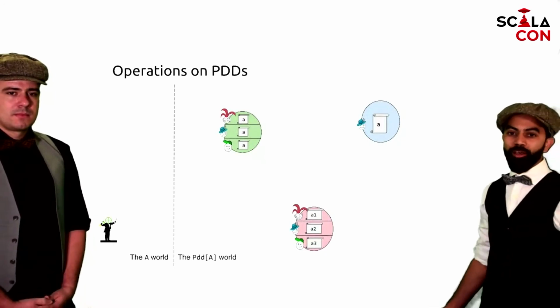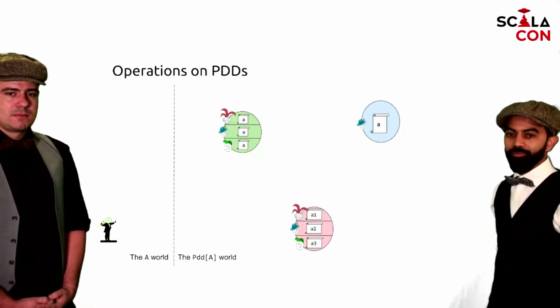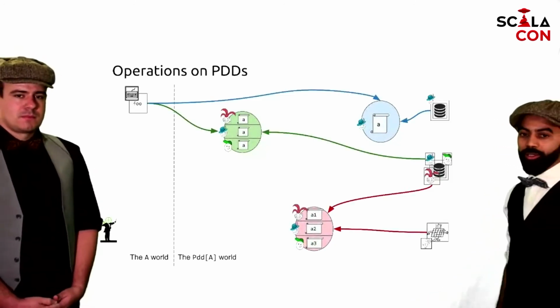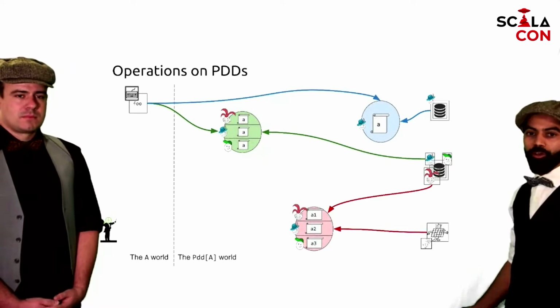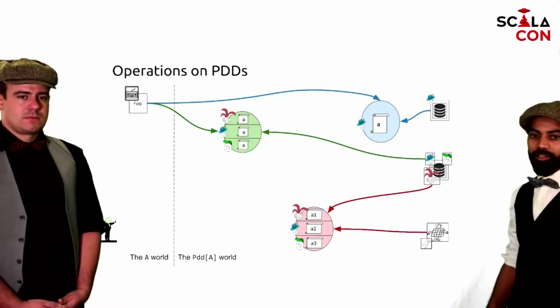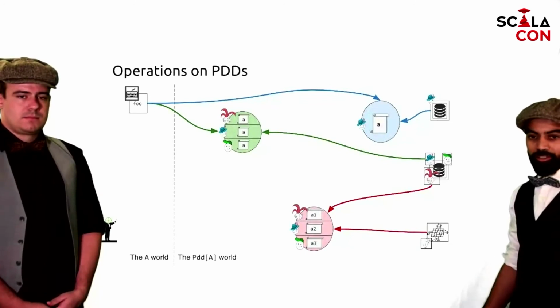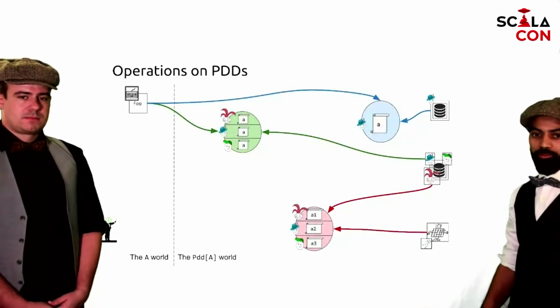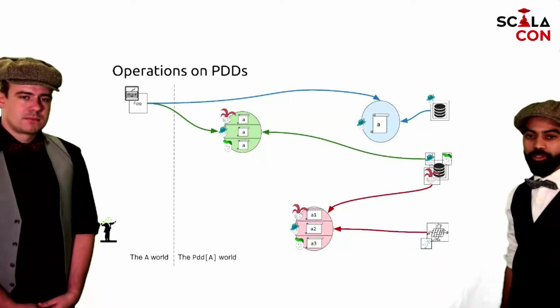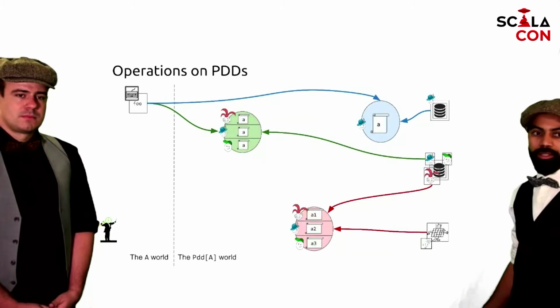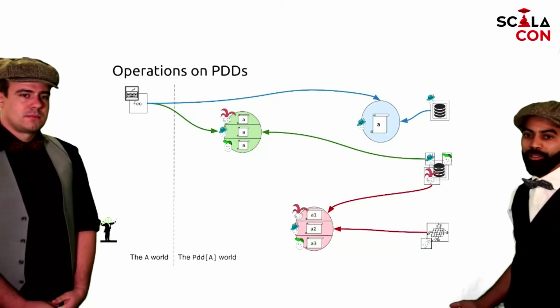To start with, you have to be able to create such values. How do you create PDDs? Well, there are many ways you can do it, but fundamentally, they boil down to the following: either as a programmer in the A world, you just send a value, like a constant, for instance, to owners, or you can load them from the data owned by each owner, by different people.